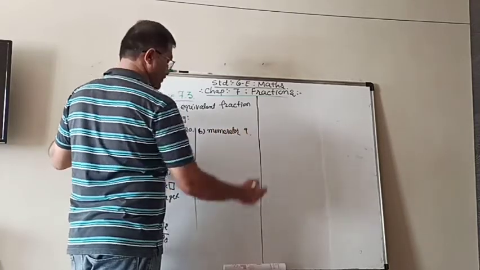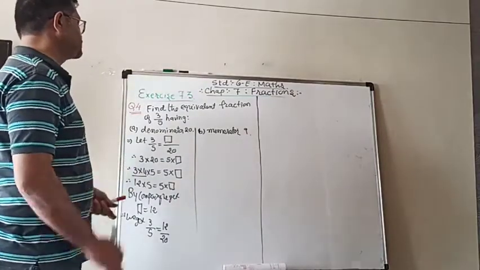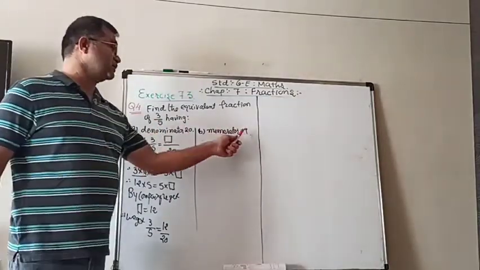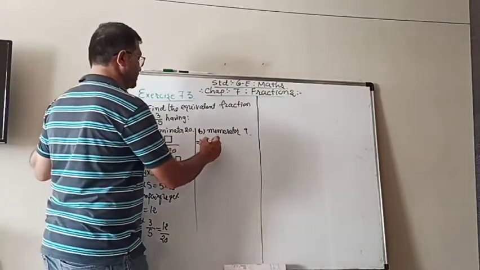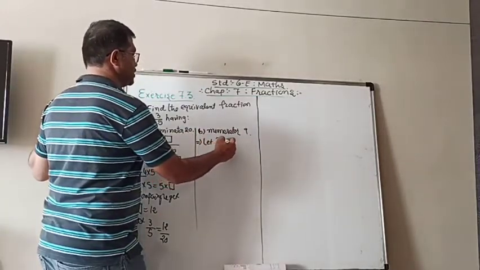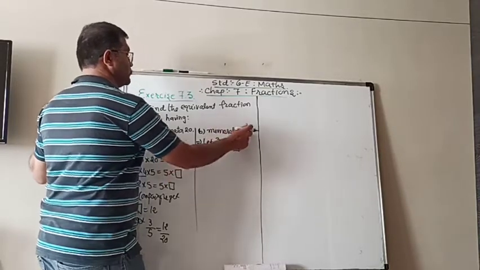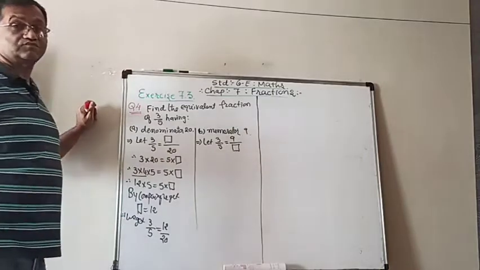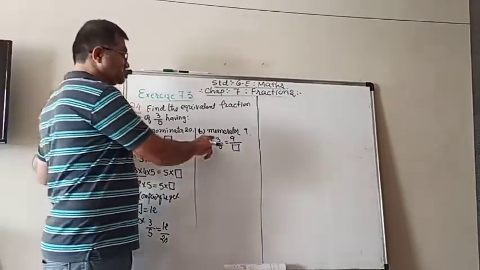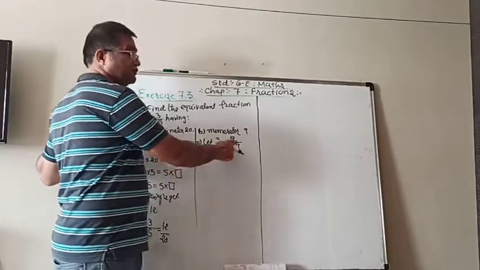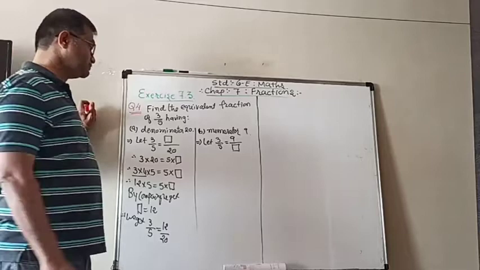So now we have to find an equivalent fraction of 3 by 5 having numerator 9. So here also we do, let 3 upon 5 is equal to 9 upon box, because numerator we need as 9. If it is MCQ, you can directly write down 3 3s are 9, so 5 3s are 15. But if it is 2 marks, we have to solve by the method.